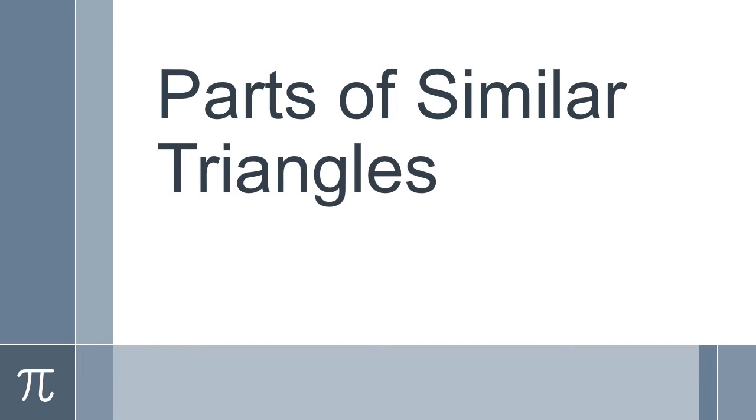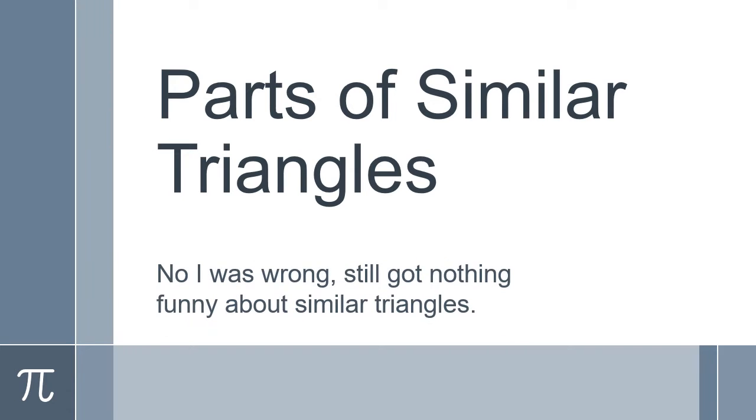Hey, guys, Chapter 7, Section 5, Parts of Similar Triangles. There's nothing funny there yet. Wait, what's going on? Okay, I got something. Wait. No, I was wrong. Still got nothing funny about similar triangles.